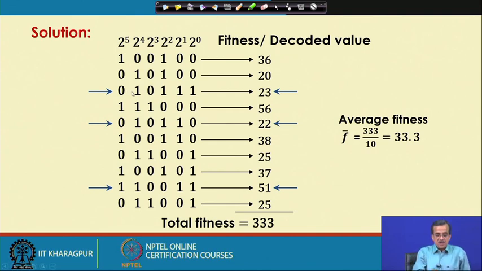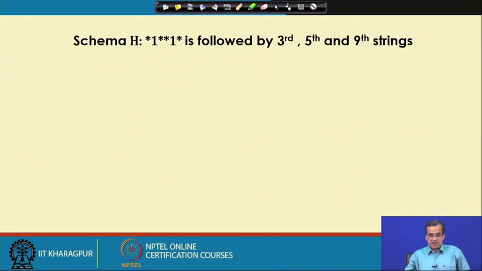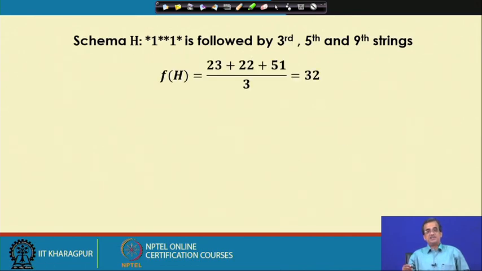Corresponding to these GA strings, we have the decoded or fitness values as 23, 22, and 51. So, very easily we can find out the average fitness of the schema.